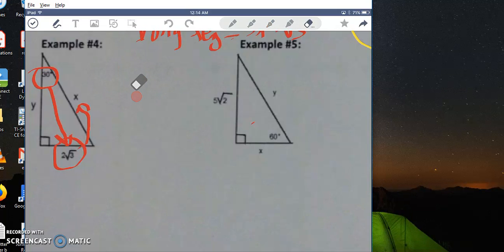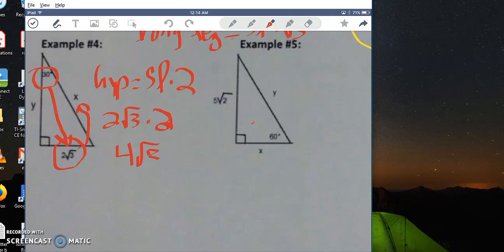Sorry about that. To find the hypotenuse, it's going to be short leg times 2. So in this situation, the short leg is 2 radical 3, times 2. When we multiply those, you end up with 4 radical 3. So that's going to be your hypotenuse.